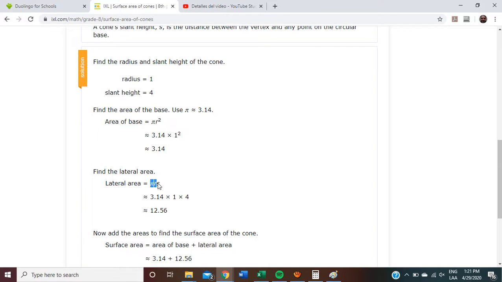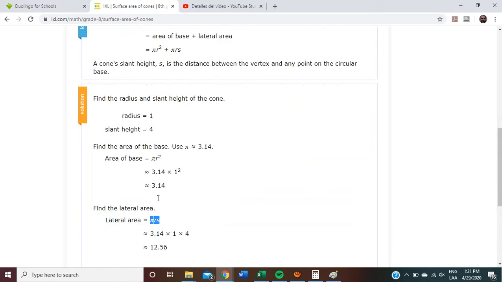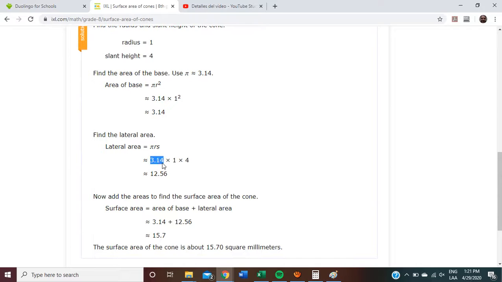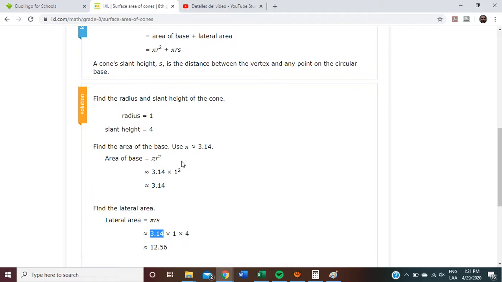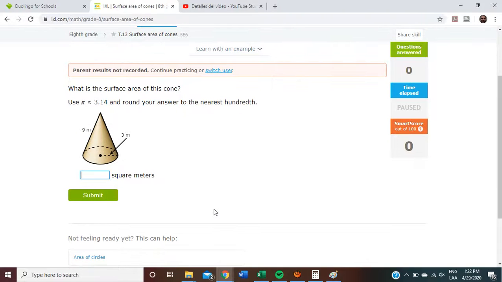We multiply the three values that we have here: pi equals 3.14 times the radius, which is 1, times the cone's slant height, which is 4. The result is 12.56. So we add this to the other area, and the result is going to be 15.7. Okay, so let's go back to practice and let's solve this one.